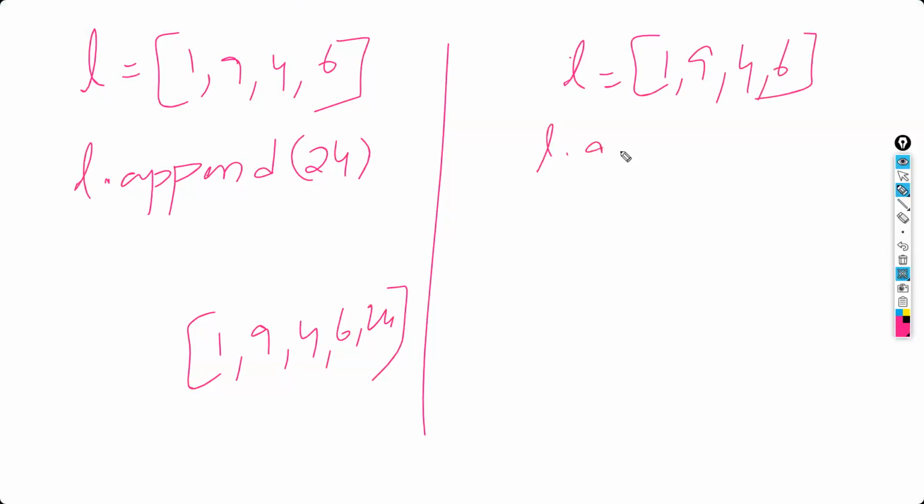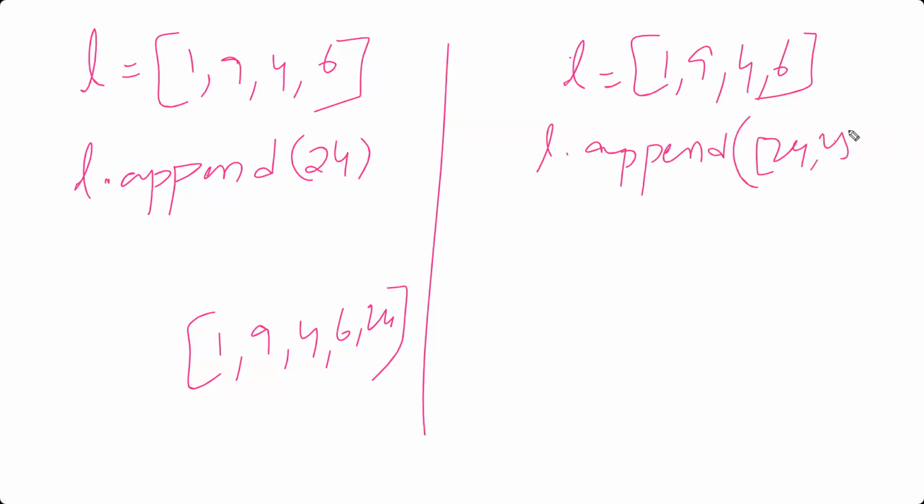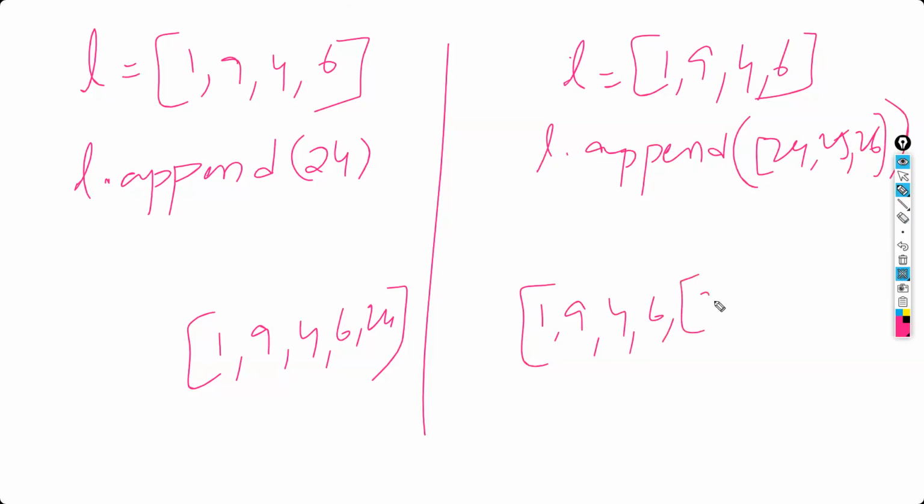Now same L is equal to 1946. L dot append of list of 24, 25, 26. Now what is the L value? Now L value is going to be in terms of 1946 and list of 24, 25, 26.